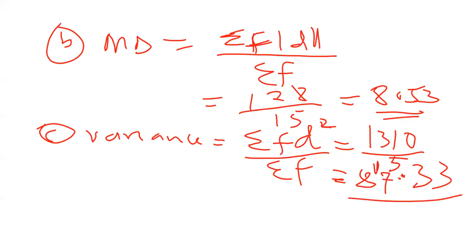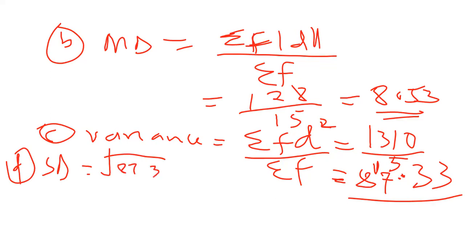Good. Then the D part of the question is standard deviation equal to the square root of 87.33. Remember that standard deviation is the square root of variance, and our variance is 87.33.